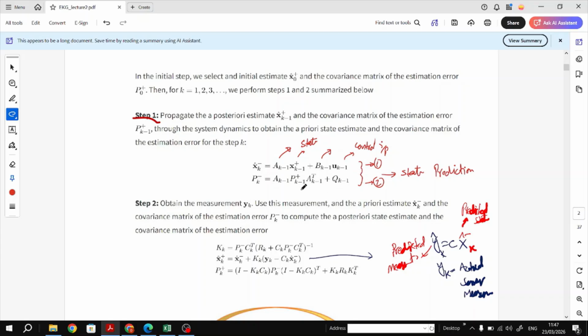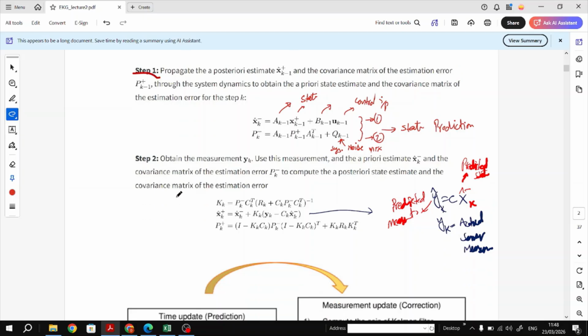What are the inputs to this formula? The system noise matrix, your system model, and the previous state covariance matrix, and you predict your state error covariance matrix.